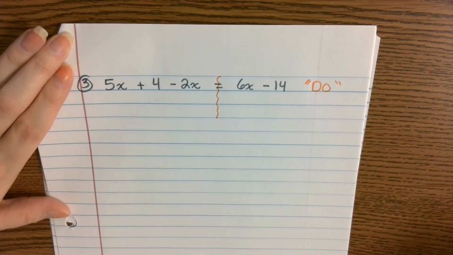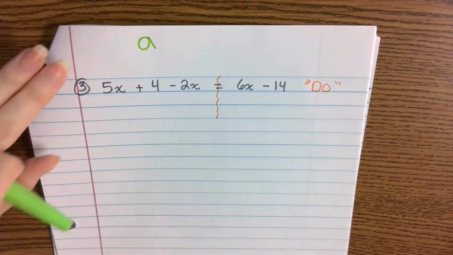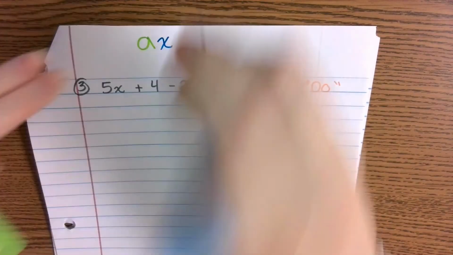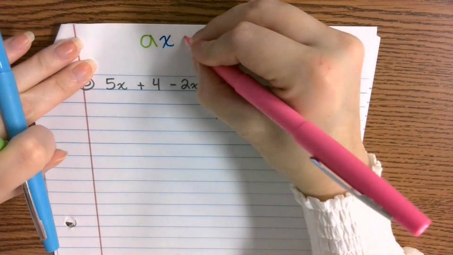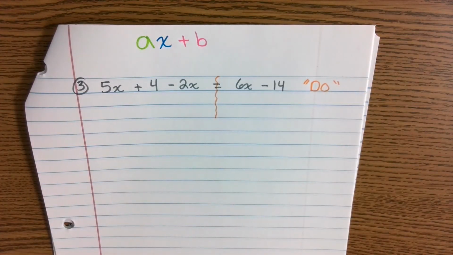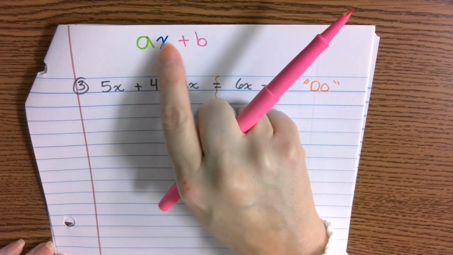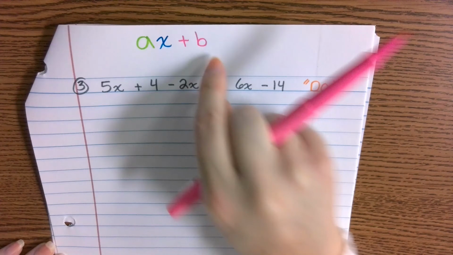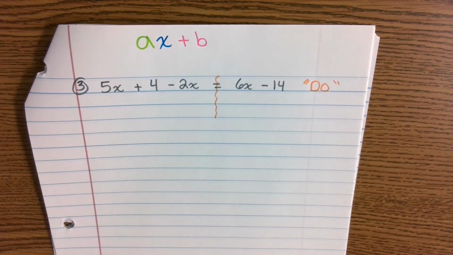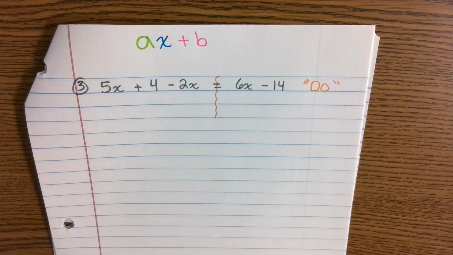The format that we always focus on is what we call AX plus B. AX plus B, that is a standard format where A is a coefficient, X is the variable, plus B is a constant. You want to simplify down to that form on both sides if necessary.